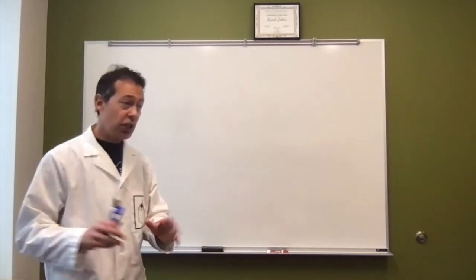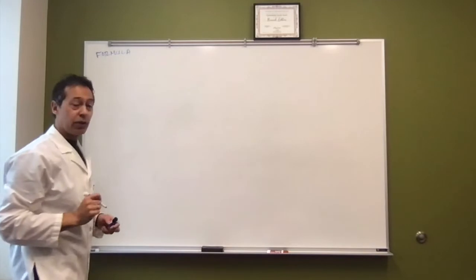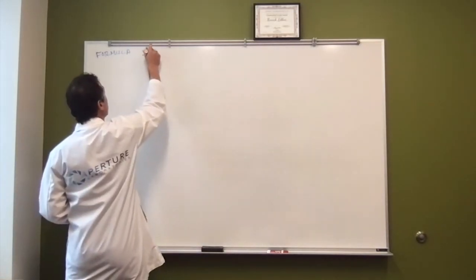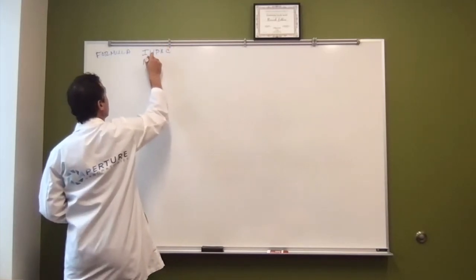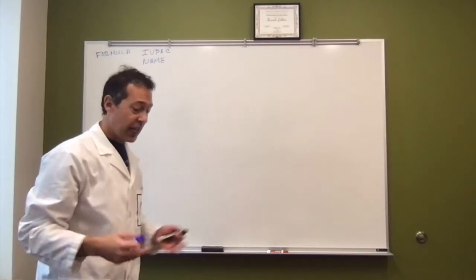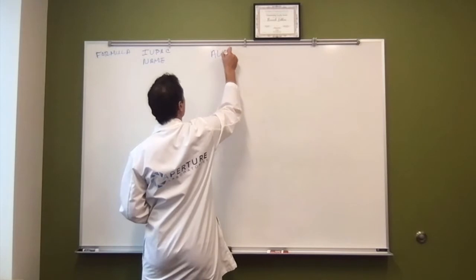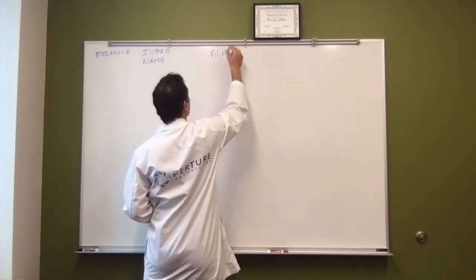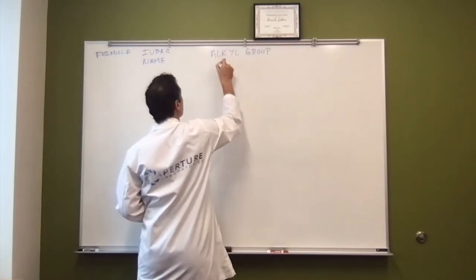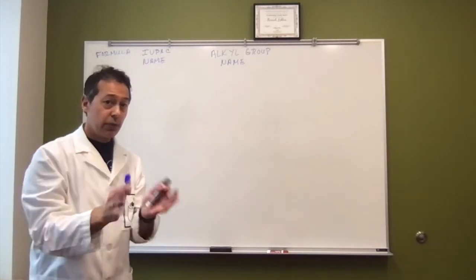So I'm going to start out with our formula, and then we're going to have our IUPAC name, and then we're going to have how it would be named if it's attached to something. So this would be the alkyl group name.